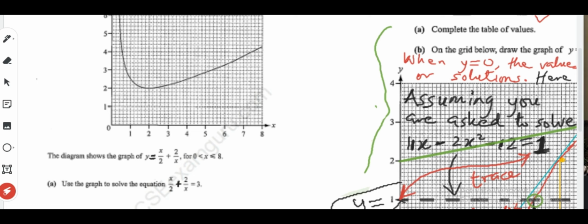Then we just do like make a table. Are you sure there's no need for a table? The graph has already been plotted. You make a table when you need to plot the graph. The graph has already been plotted, so we don't need a table of values.